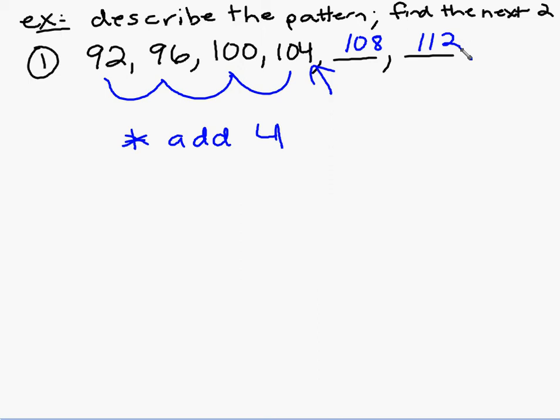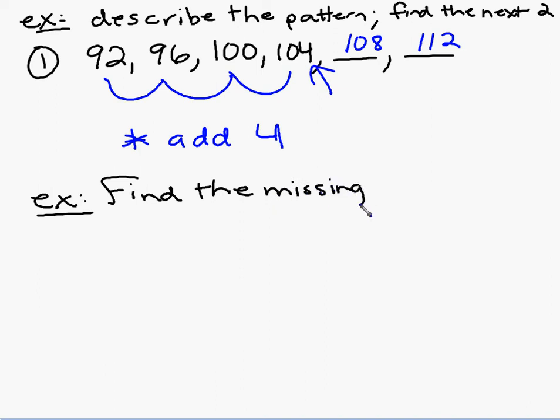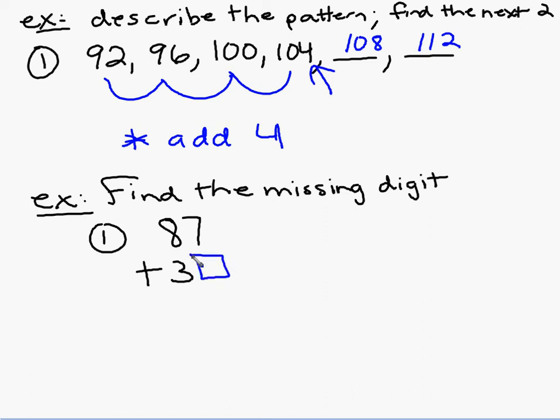And I don't care if you do those in your head, that's fine. One last thing before we stop with notes. What if they ask you to find the missing digit? Find the missing digit. They give you something like this. And then maybe they put this little box right there.